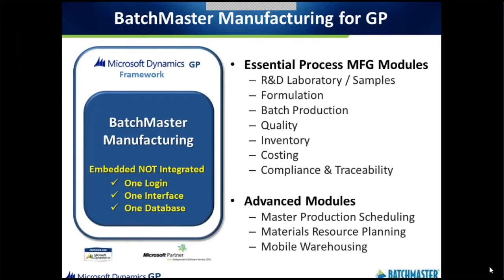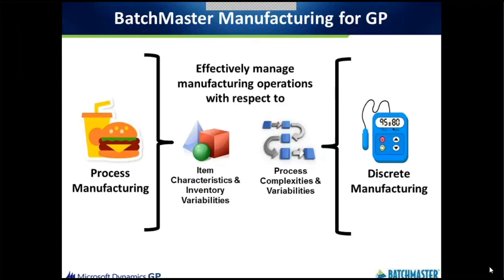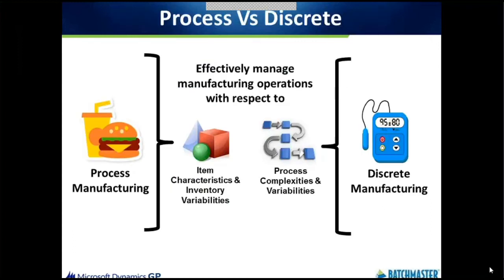So today we're going to do our best to touch upon some of the key features found in this solution. I trust most of us recognize that process manufacturing is a little different than discrete manufacturing, and that you really do need software to support these different products and processes.